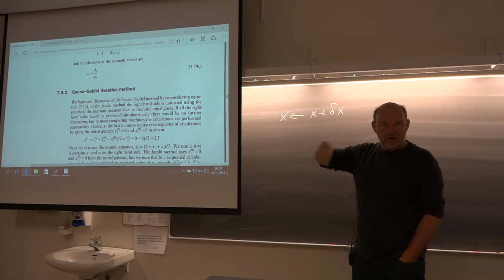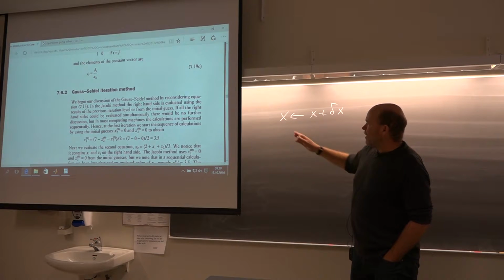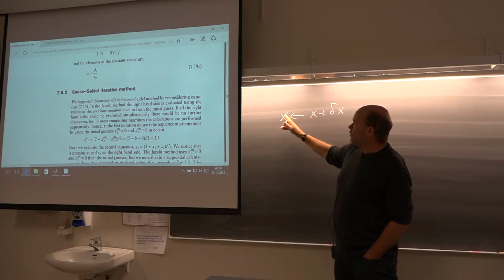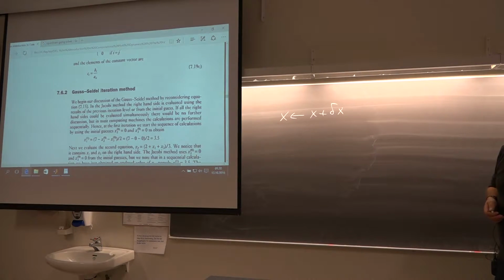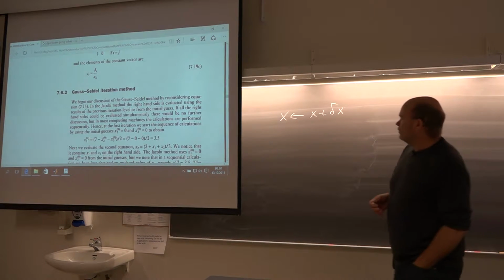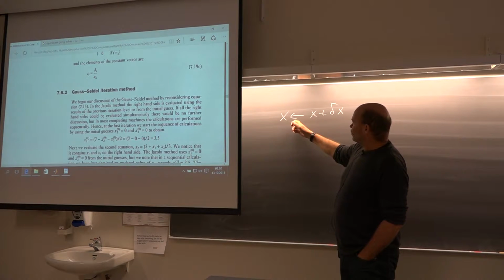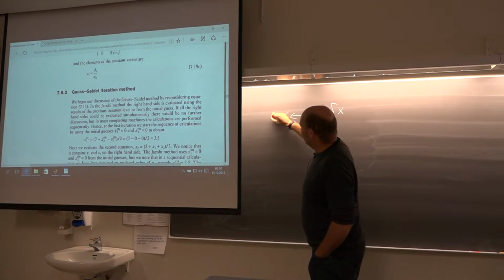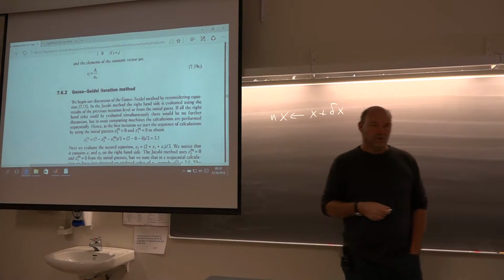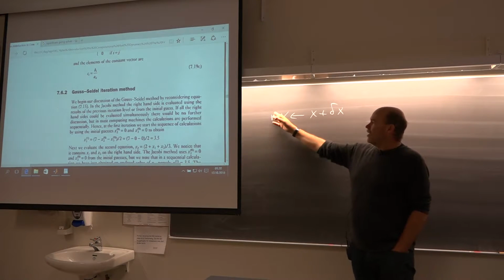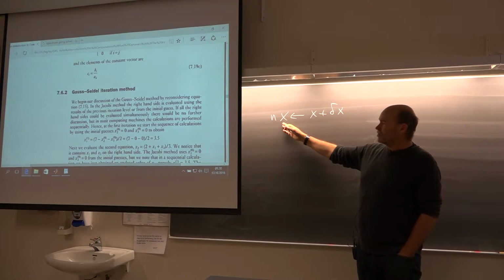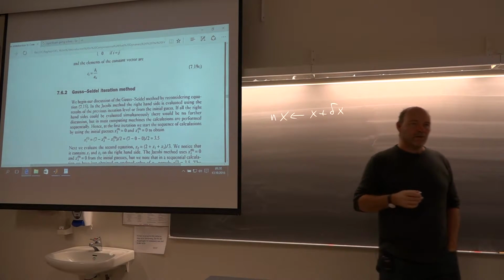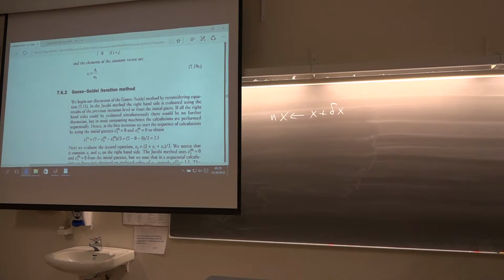So during the iteration process, it's going to be a mix between the newly updated values and the ones from the previous iteration. If you use Jacobi, then you store this in, say, a new X. Then everything here will be based on the previous values.